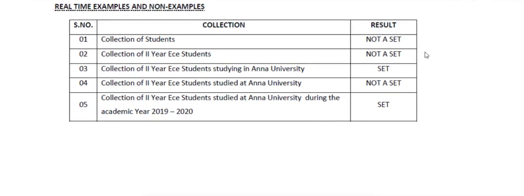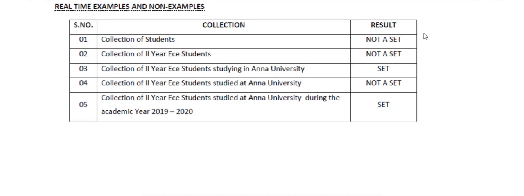There are pre-KG students, LKG students, UKG students, and college-going persons are also called students. So it is not precise, right? Whatever they are asking you to collect must be crisp and clear. That must be very clear in what they are mentioning. So it is not a set, right?